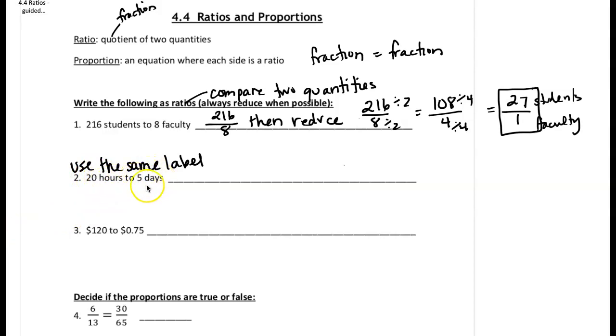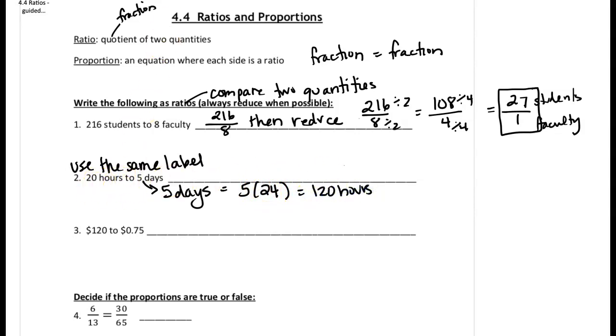However, we could go the other way and take 5 days and turn it into hours, and it would just be a larger number. I'm going to go that way and say that 5 days is equal to 5 times 24. There are 24 hours in a day, and 5 times 24 is 120 hours.